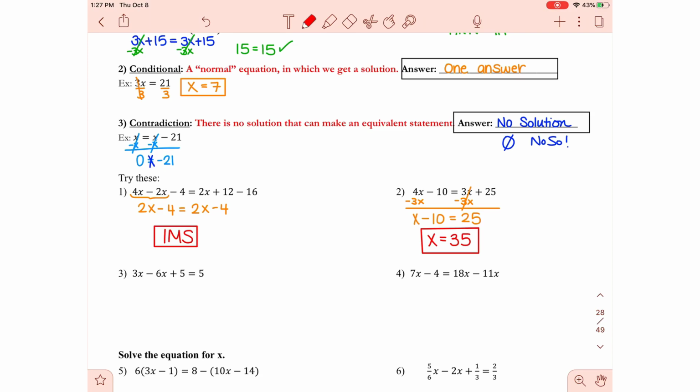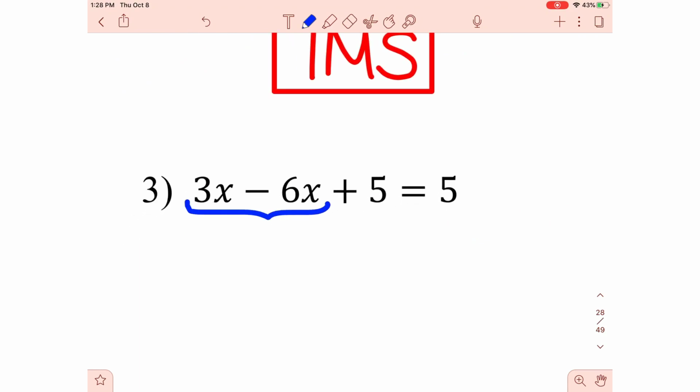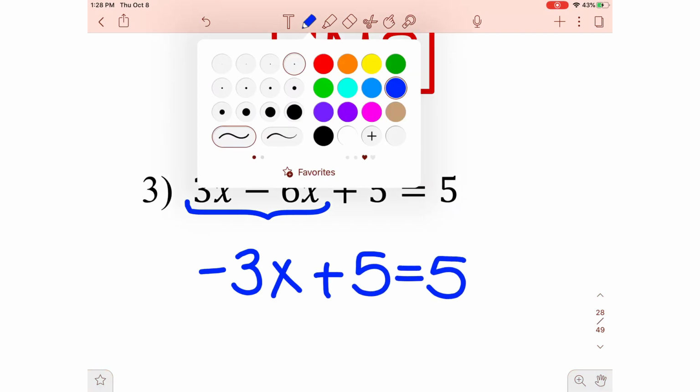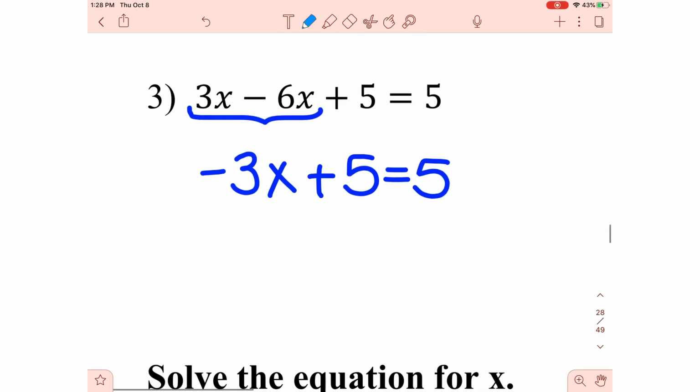All right, let's move on to number 3, solving a linear equation, combine like terms. These are on the same side, so it combines to negative 3x plus 5 equals 5. Okay, I'm going to subtract this 5 over to the right. And when that happens, they cancel out on both sides. This does not mean it is a no solution.